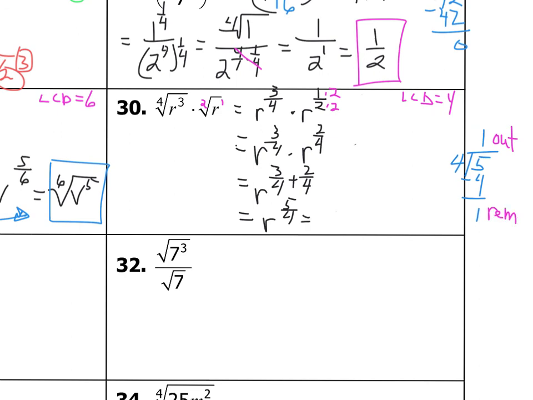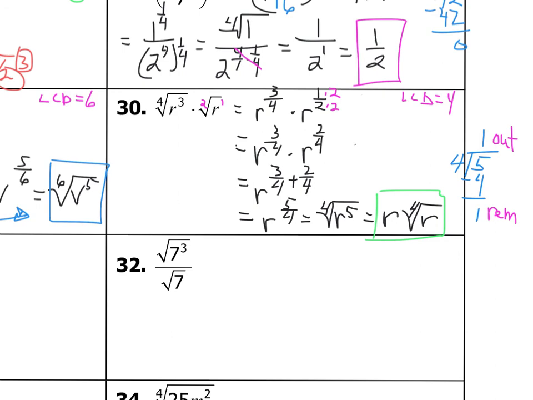So this becomes the 4th root of r to the 5th, which equals, remember, 1 r comes out, 1 r remains, because we want groups of 4. So 1 r comes out in front, the 4th root of a single r. So if you forgot to simplify it, make sure you fix that.